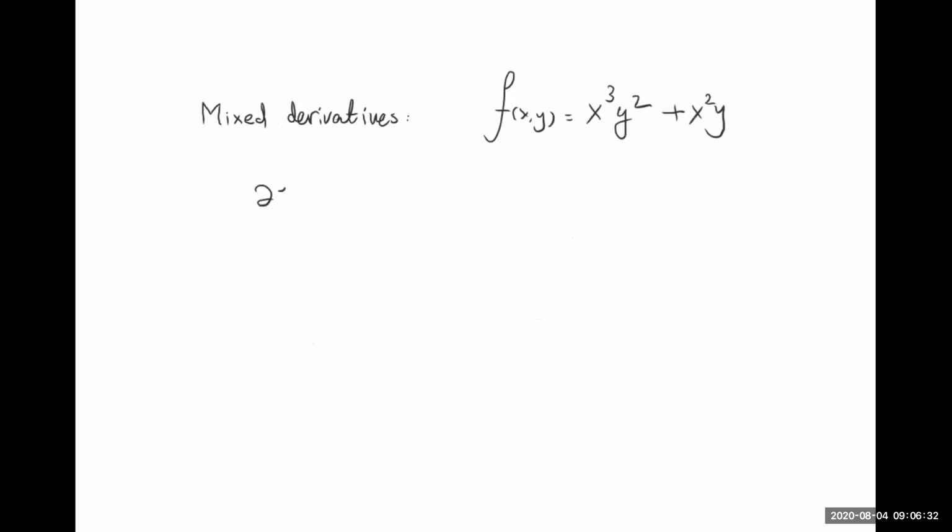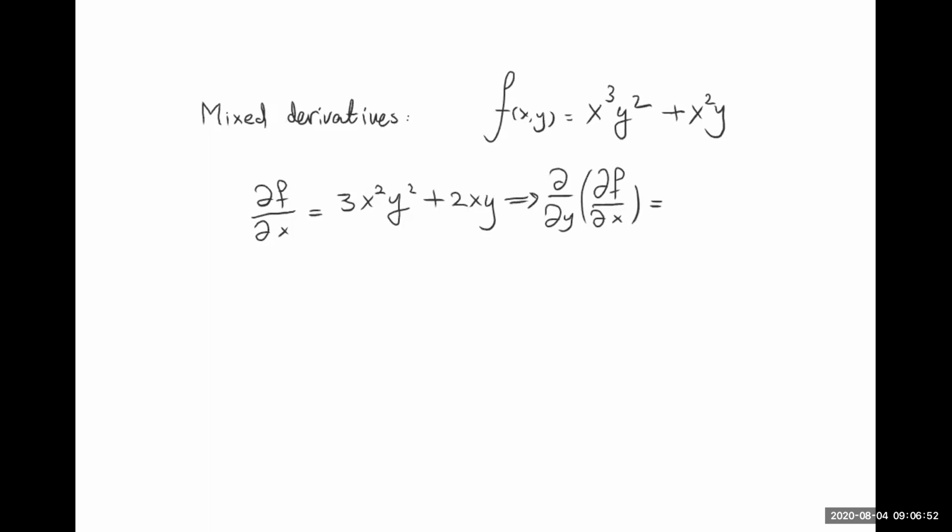I might first take the derivative of the function with respect to x. So here would be 3x squared y squared plus 2xy. And then take the derivative with respect to y of that result. So here it's going to be 6x squared y plus 2x.